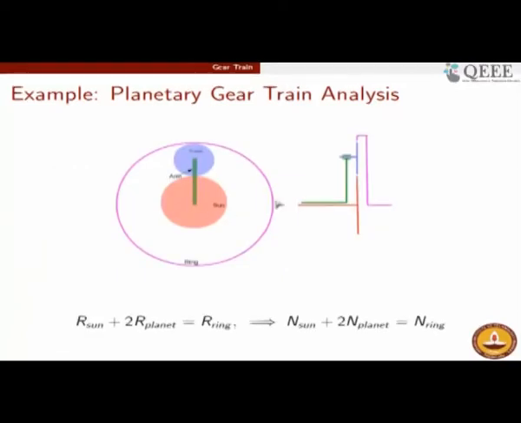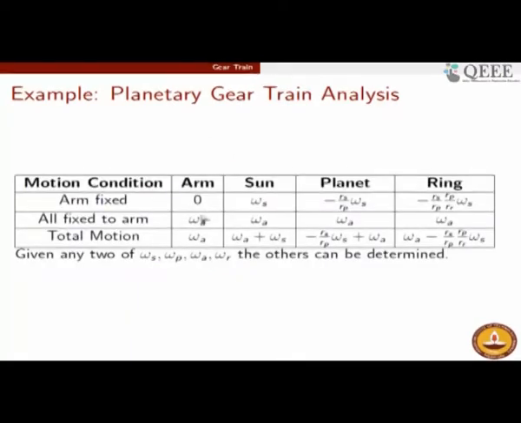When the arm is fixed, it is like a simple gear train wherein the motion from the sun can be conveyed to the motion of the planet. So if omega s is assumed to be the motion of the sun as observed from the arm-fixed condition, or from the observer who is sitting on the arm, then omega planet can be referred to as minus rs by rp into omega s.